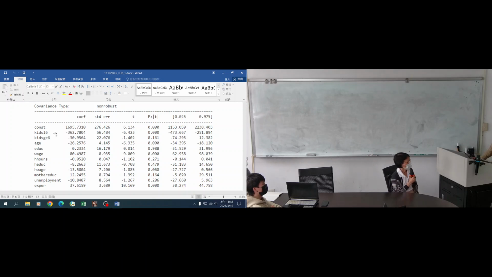Those mothers with kids less than 6 years old, compared with greater than 6 years old, less than 6-year-olds is an important factor for whether mothers will join the labor force market or not, but not the greater than 6 years old.